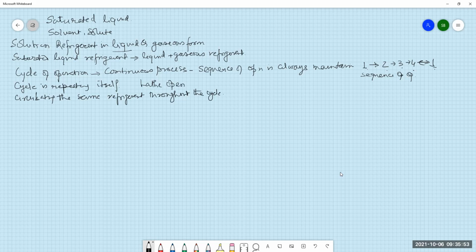Here generally we start the operation with compression. So 1 to 2 is the compression process. 2 to 3 is condensation, 3 to 4 is expansion, and 4 to 1 is evaporation.